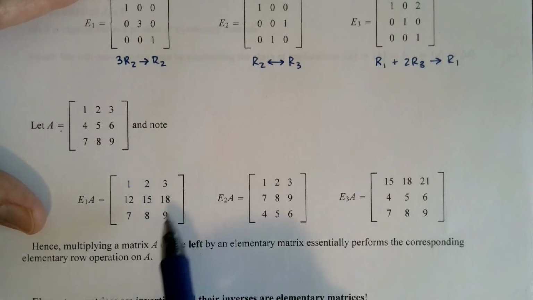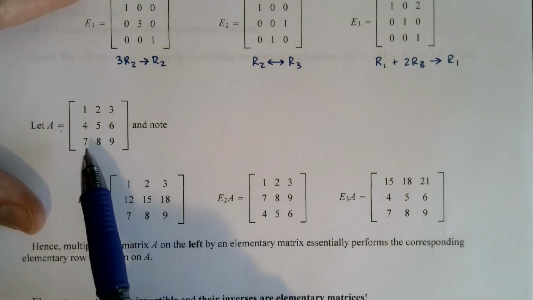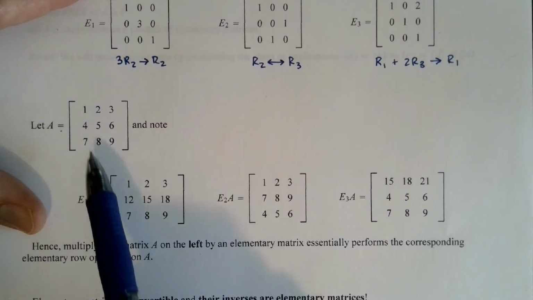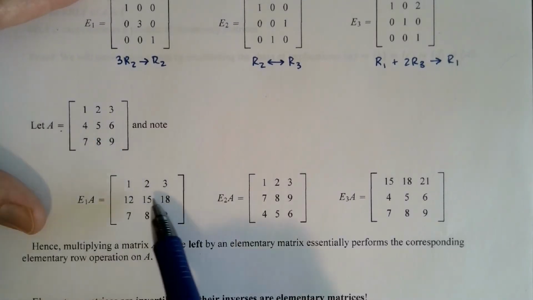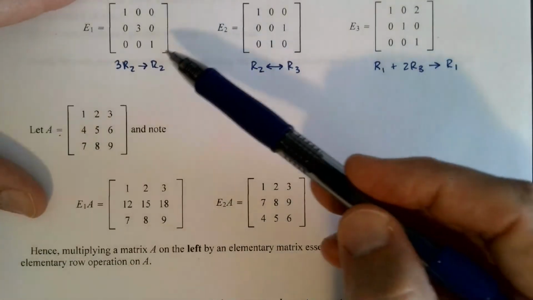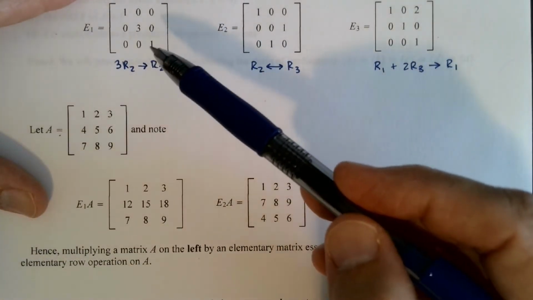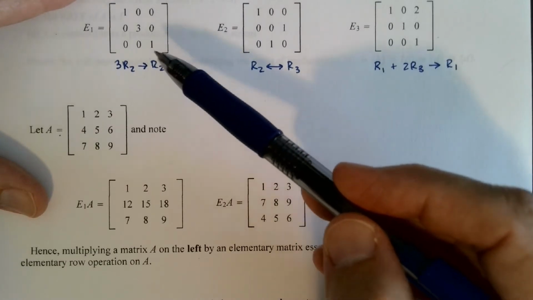Now, how does this matrix here compare to the original matrix A? Well, if you think about it, you'll notice that row 2 has been multiplied by 3. And that's interesting, because how did we obtain E1? We multiplied row 2 of the identity matrix by 3.